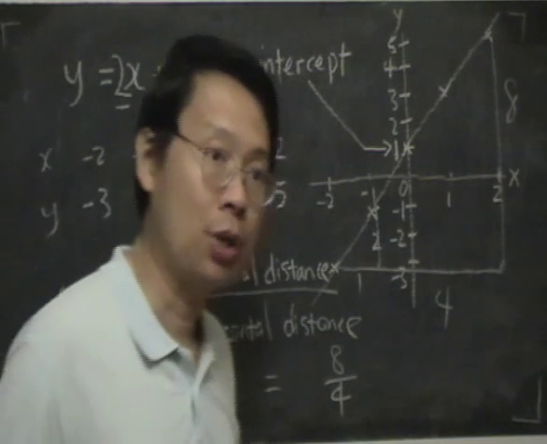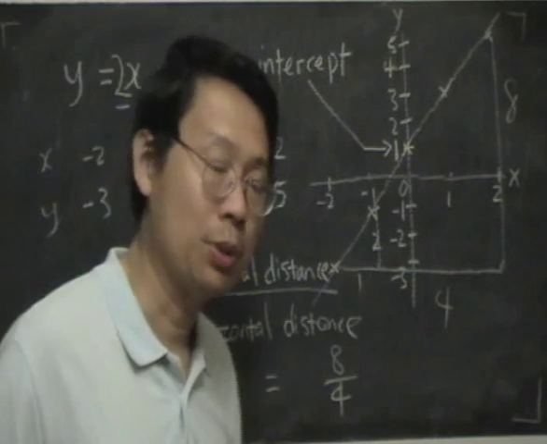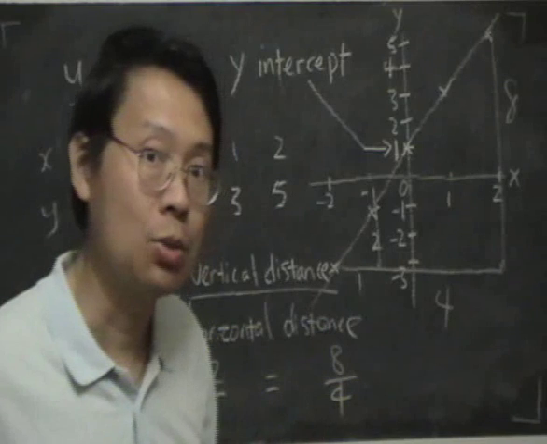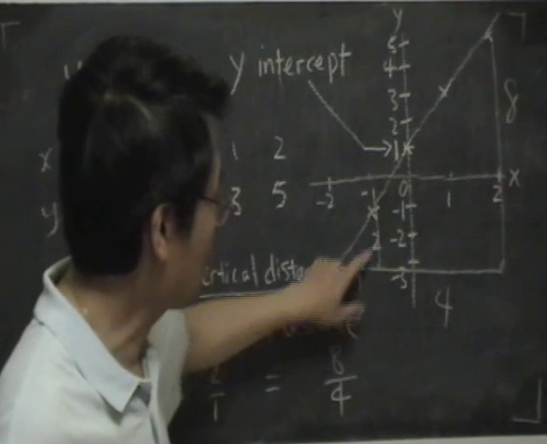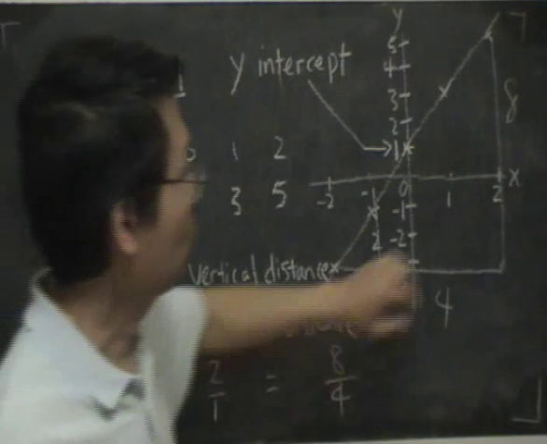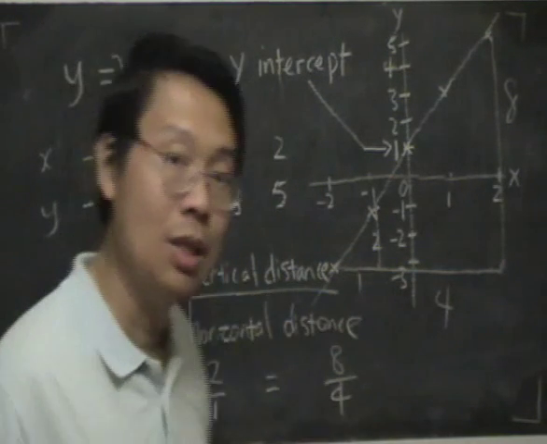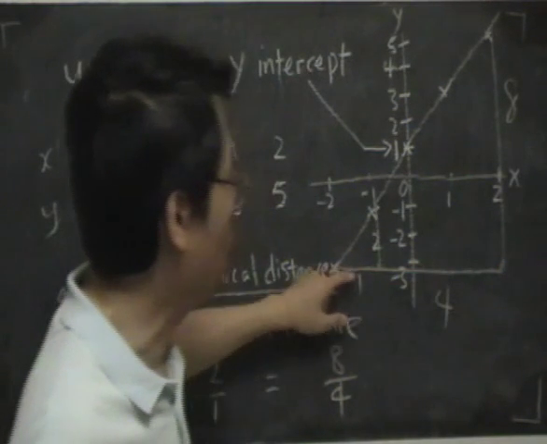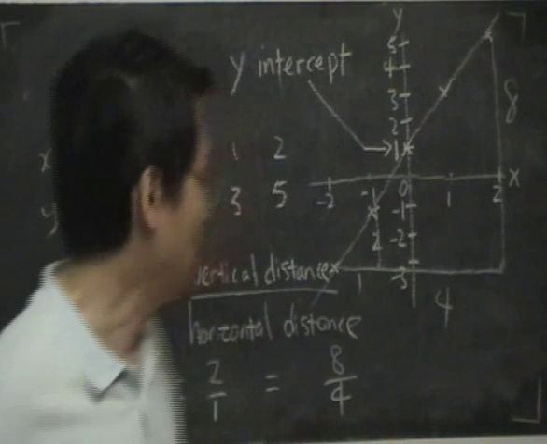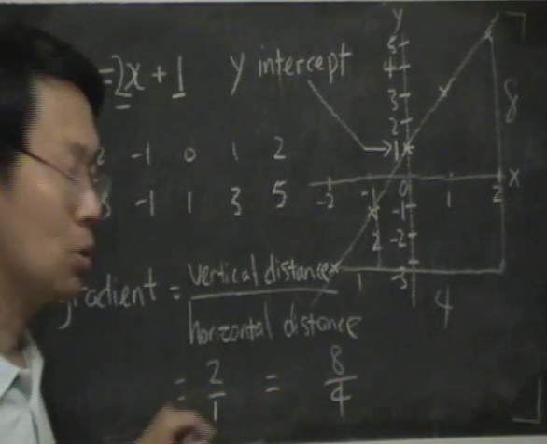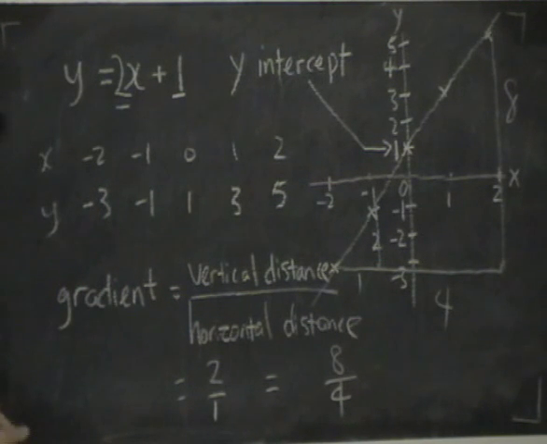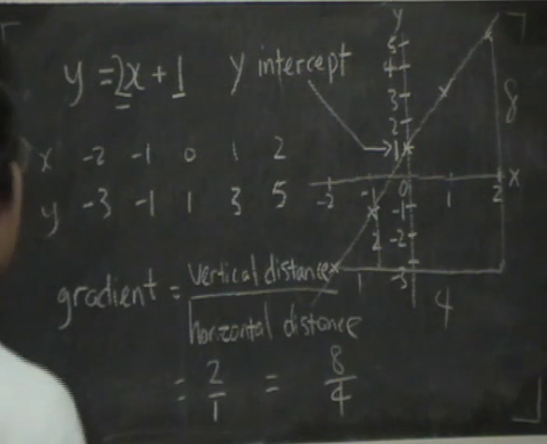And similar triangles have this property that the ratios of the sides are equal. That means that if the ratio of these two sides is 2:1, then the ratio of these two sides is also 2:1. Which is true because we have 8:4 in the big triangle, and 8:4 is the same as 2:1. So that's the gradient.